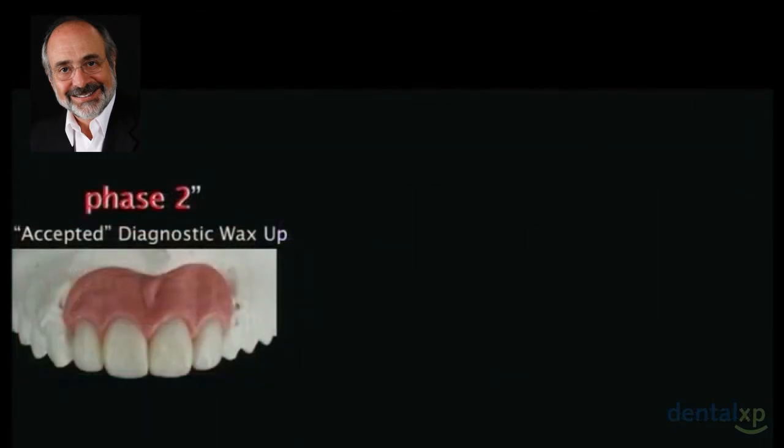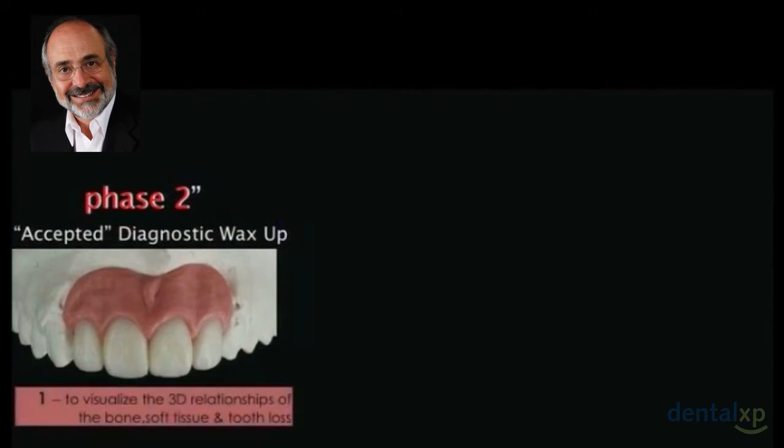So I now have this diagnostic wax-up. I take that diagnostic wax-up because it's going to give me the ability to visualize three-dimensionally what the final case needs to look like. And it gives me a perception in real numbers of how much pink is missing, how much bone is missing, how much soft tissue is missing, how long the teeth should be.